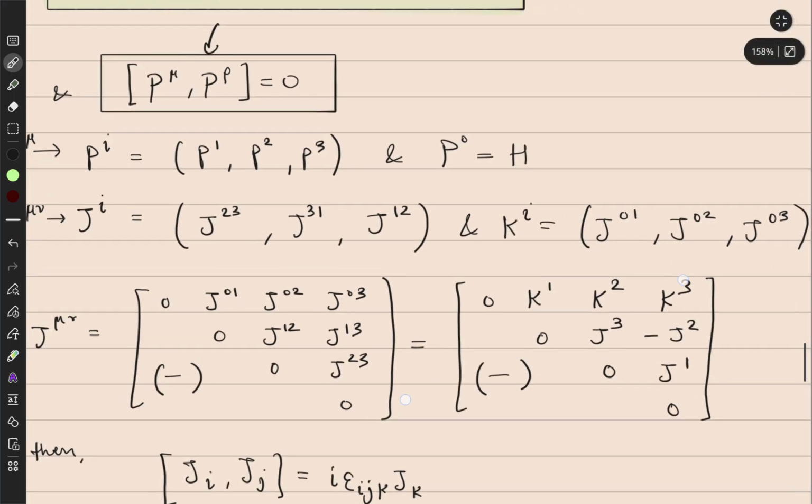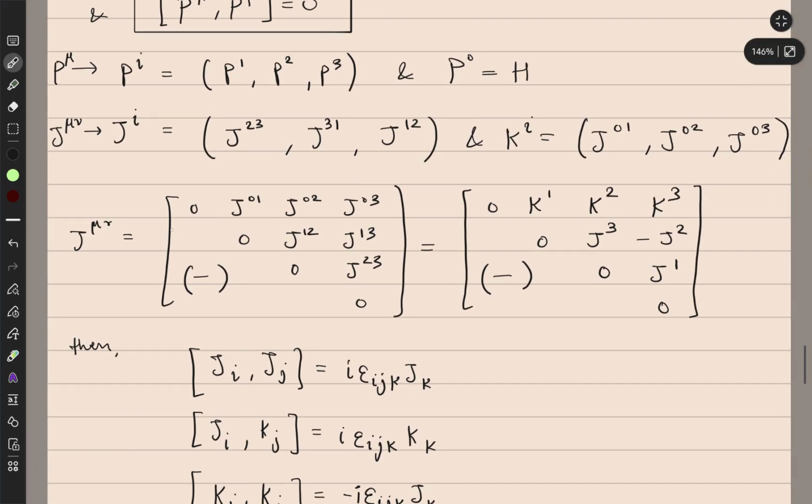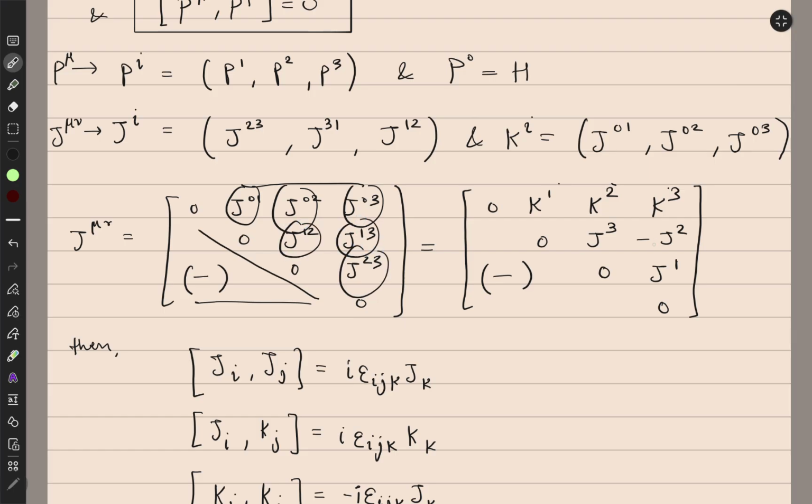And here's a picture. Since J mu nu are antisymmetric, you can imagine a matrix of matrices with 01, 02 and so on, and the bottom half is just a minus reflection of the top ones. We define these top ones as K1, K2, K3, the three boost generators, and we define the others as J1, J2, J3.